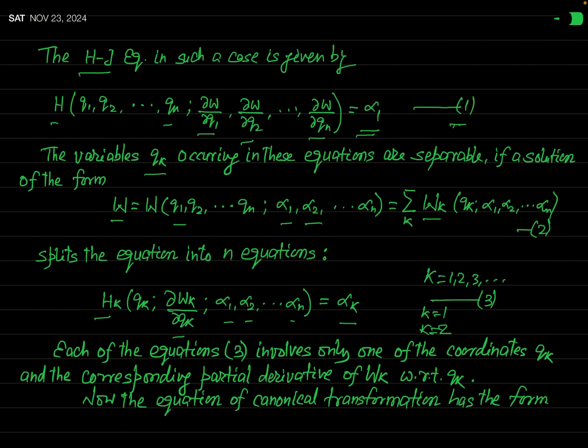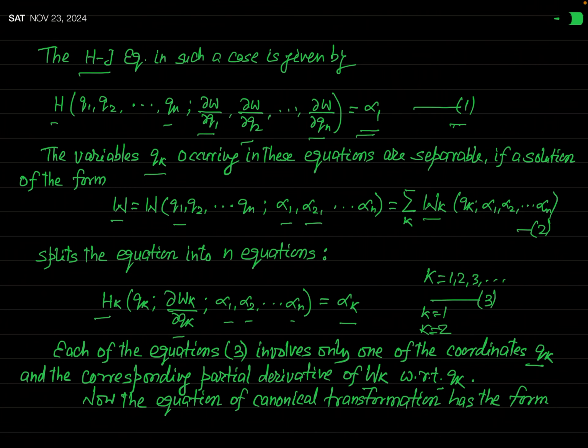So each of these equations 3 involves only one of the coordinates qk, either q1 or q2 or q3 and so on, and the corresponding partial derivative of Wk with respect to qk. As I have told you, when you take k equal to 1, then the partial derivative will also be del W1 by del q1.